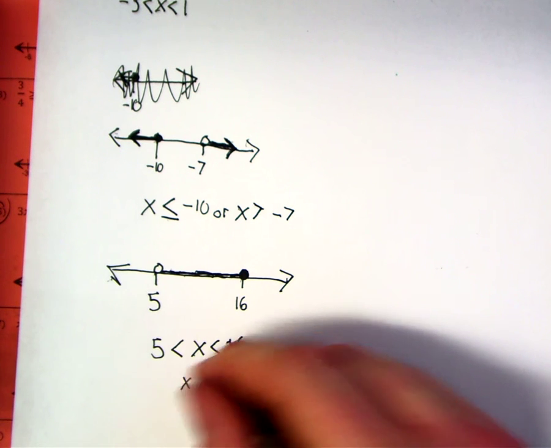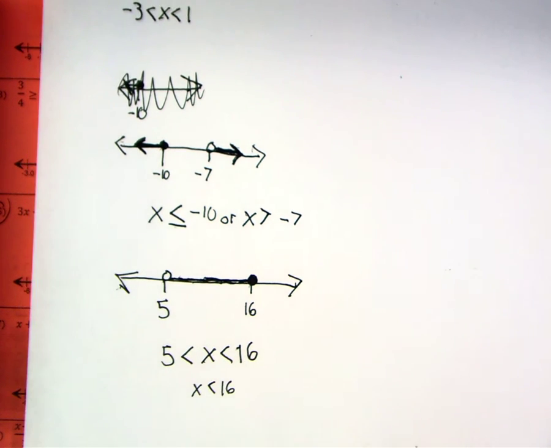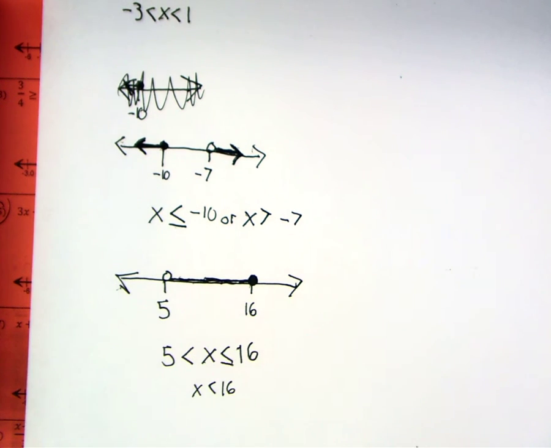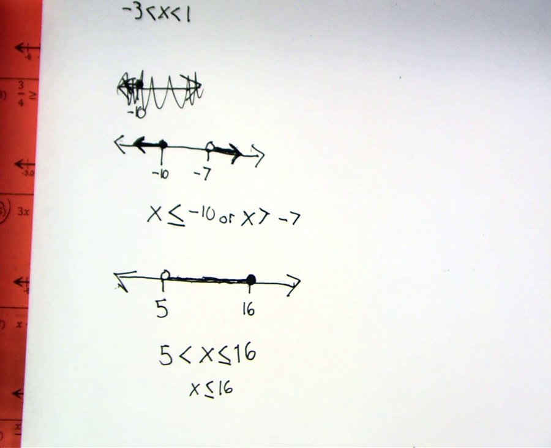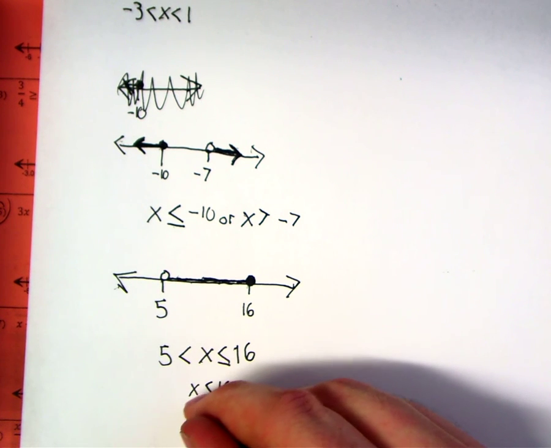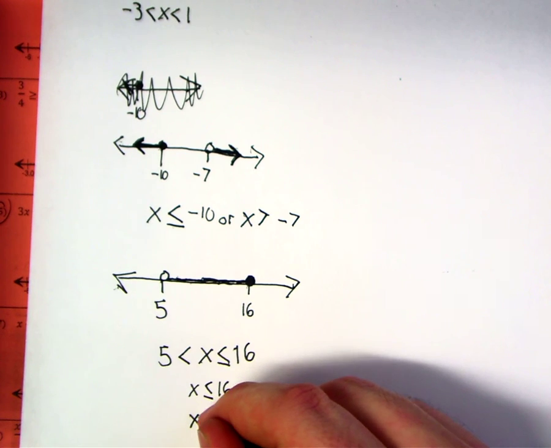We said x is less than 16. Oh, make sure we actually get our equal signs in there. I just realized I didn't take into account the closed. Alright, so we have less than or equal to 16. And put x, have our 5. And this time we said it was augmented towards the x.